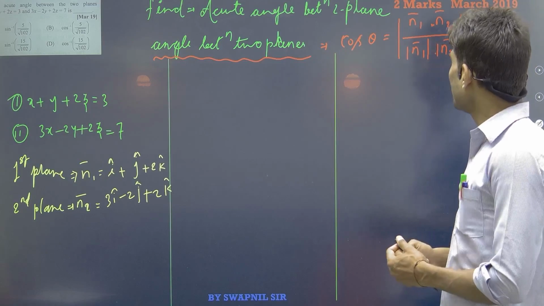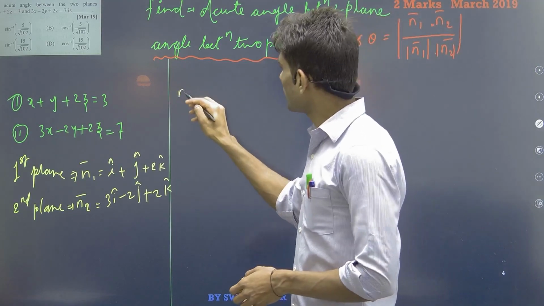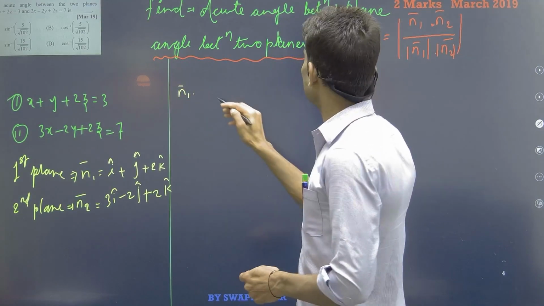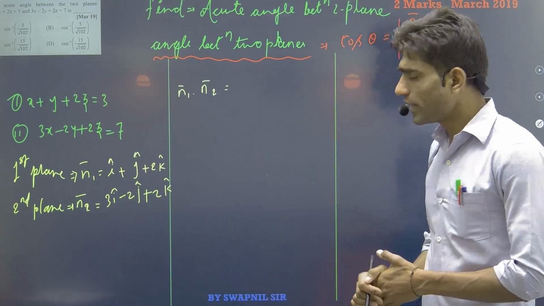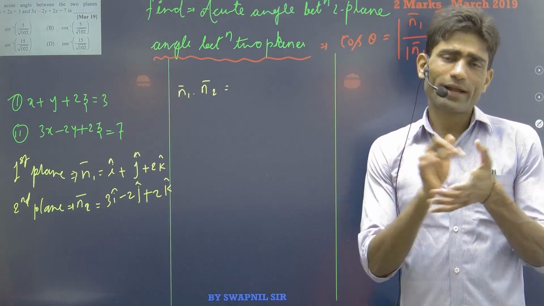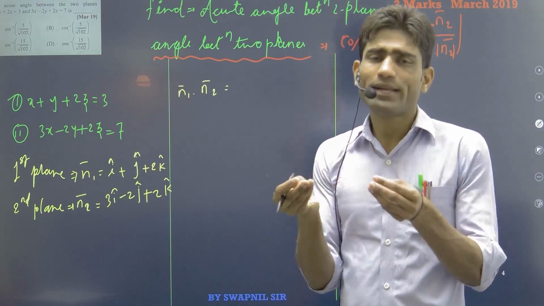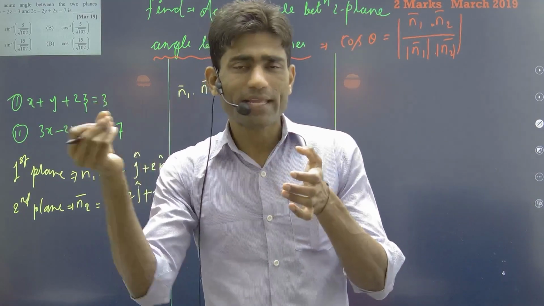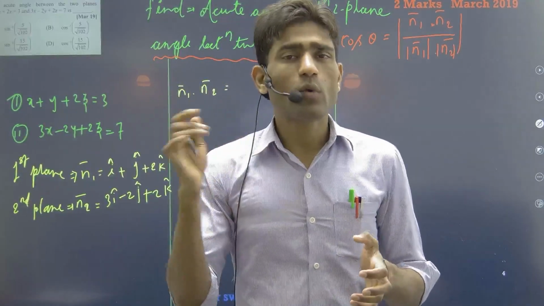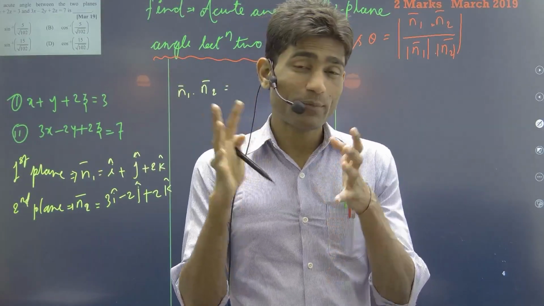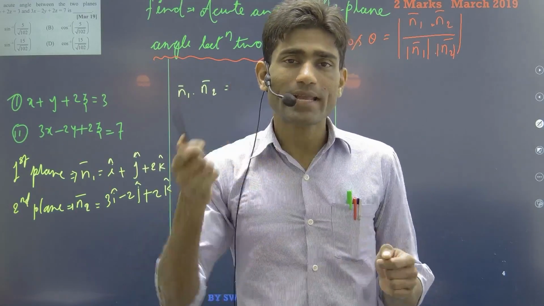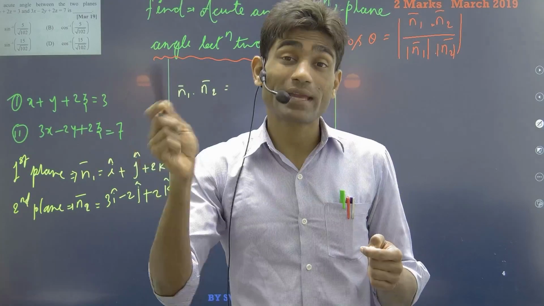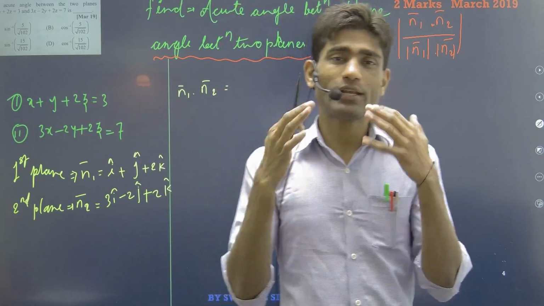So we want the value of n1 bar multiplied by n2 bar, that means vector n1 bar multiplied by vector n2 bar. Always remember that for the multiplication of two vectors, i cap dot i cap goes to 1, j cap dot j cap goes to 1, k cap dot k cap also goes to 1. But i cap dot j cap, j cap dot k cap, k cap dot i cap, these are odd vectors and always go to 0.